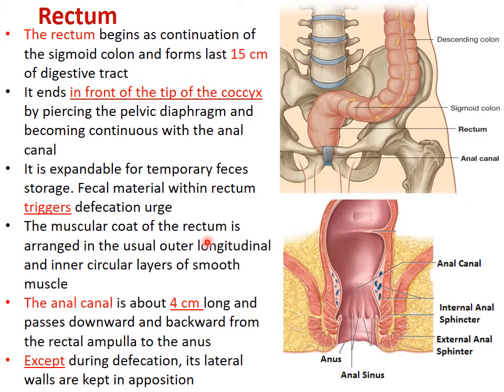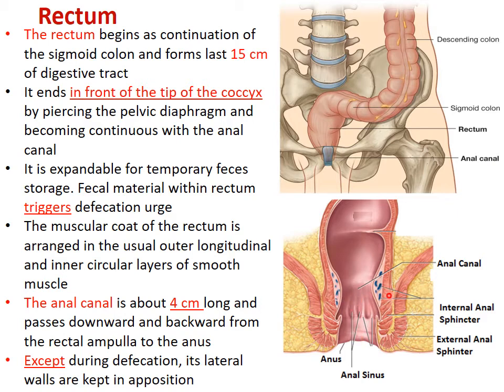The muscular coat of the rectum is arranged in the usual outer longitudinal and inner circular layers. As I told you, the rectum does not have the tinea coli, because all the tinea coli that were condensed previously till the sigmoid are now spread out, and in the rectum they form an outer longitudinal muscle layer.